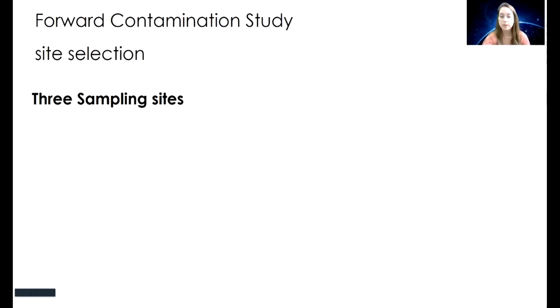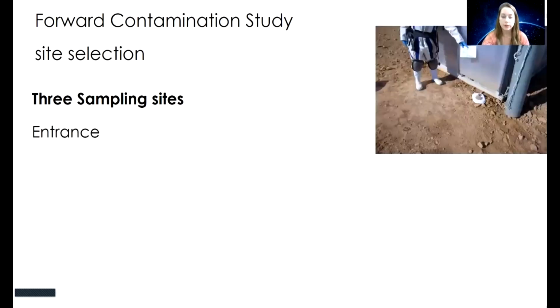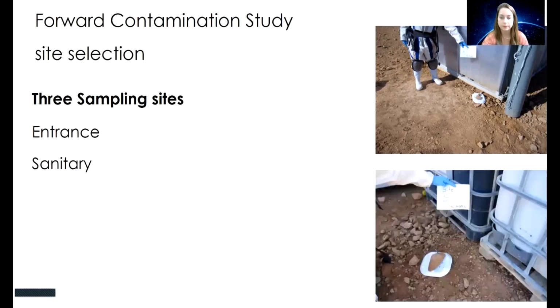A crucial step in the study design was the site selection. We chose 3 sites. 2 of them were frequently visited by the astronauts, and the other one was an isolated sterile site. The first site was the entrance site, located around half a meter from the habitat's airlock, which means that upon each leave and return of the astronauts to the habitat, this site was disturbed.